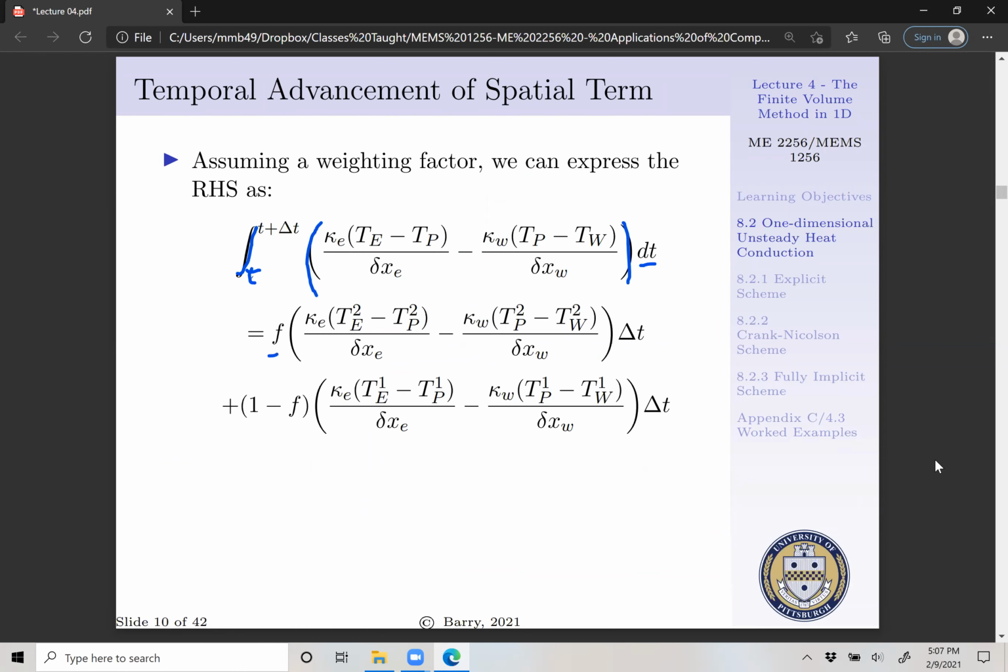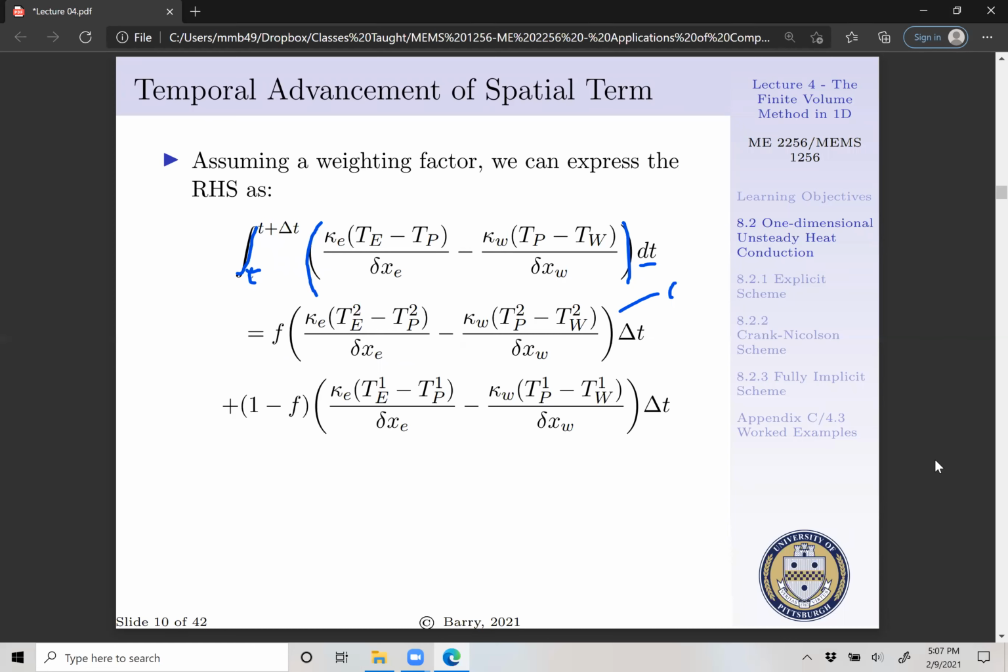This would be equal to our weighting factor times our diffusivity at the east interface per delta xe times Te at our second time step minus Tp at our second time step, minus all that stuff on our west interface and west distance between our P and west cells, and Tp2 minus Tw2.